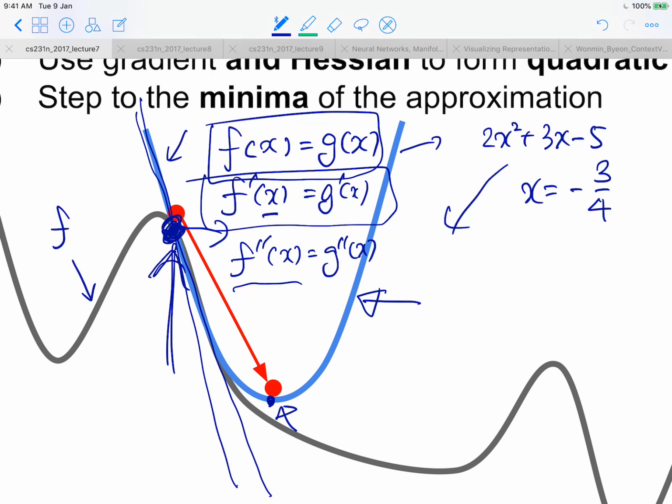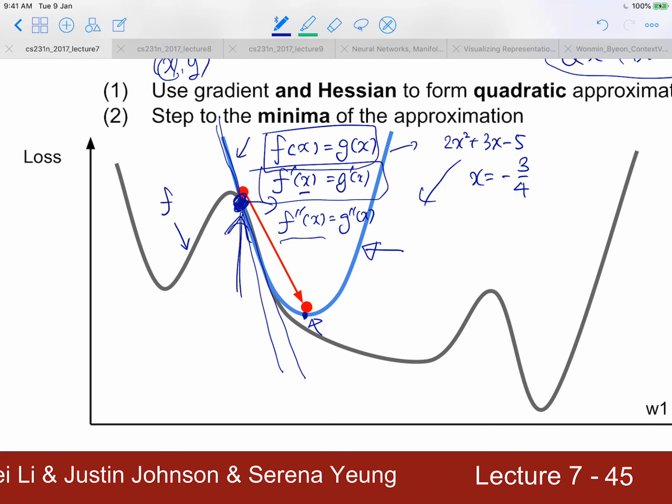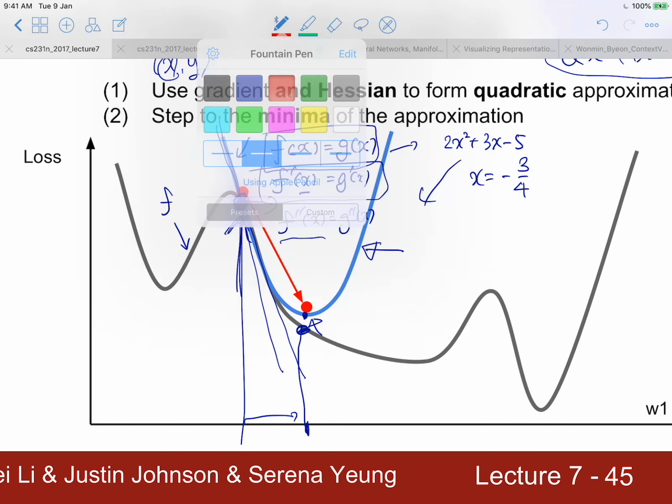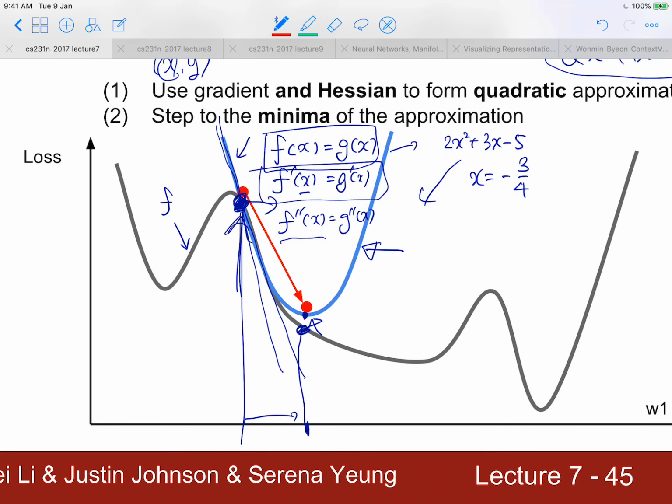And then at this point, we evaluate our function value. So we basically moved from here to here, and then our function is over here, and our second order approximation will be something like this, right? To match the function value itself and the first and second order derivative, and then the minimum point will be somewhere around here, right? So we jump to that point directly.